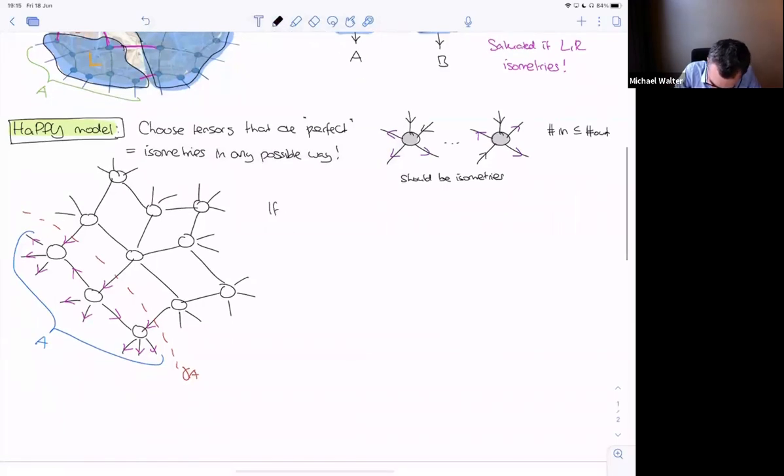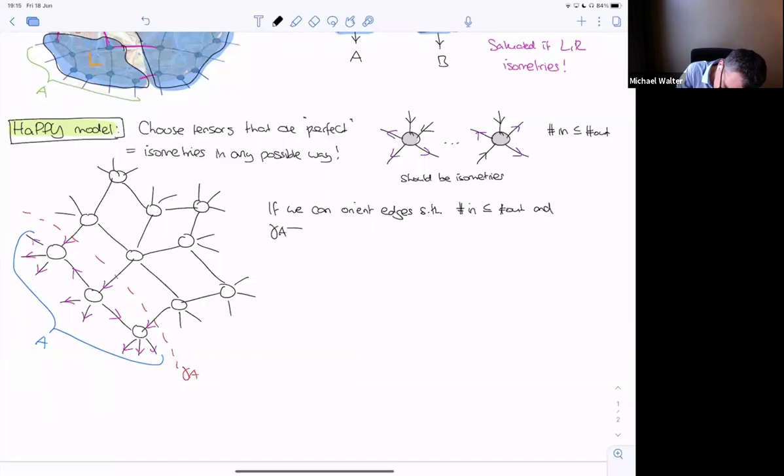So if we can orient the edges such that at each vertex the number of inputs is less than or equal to the number of outputs, and from the RT surface things always point away, either to A or towards A, right?